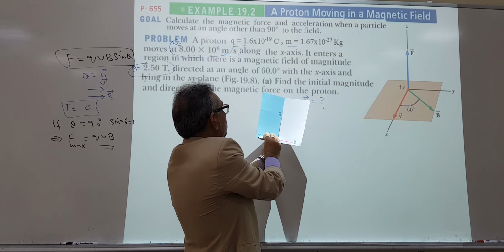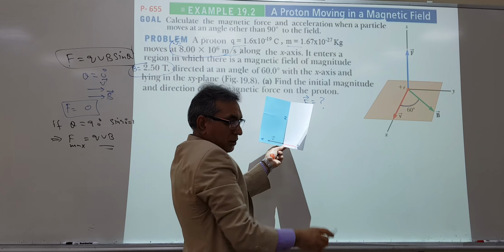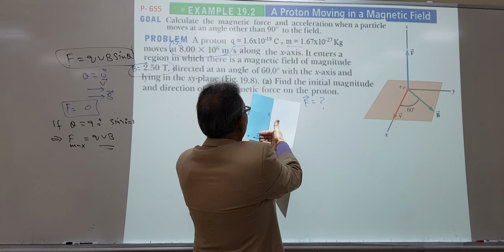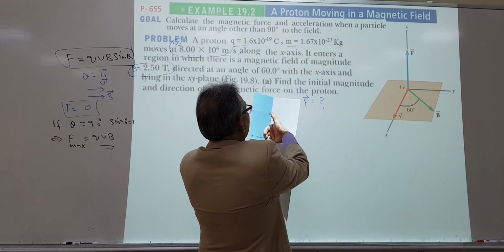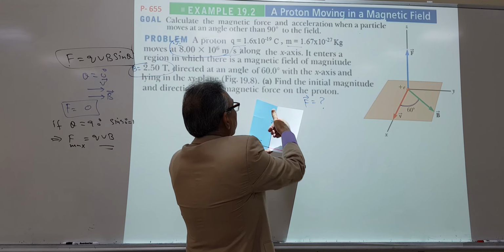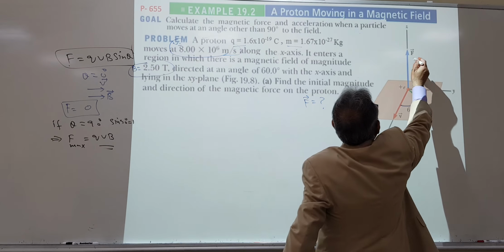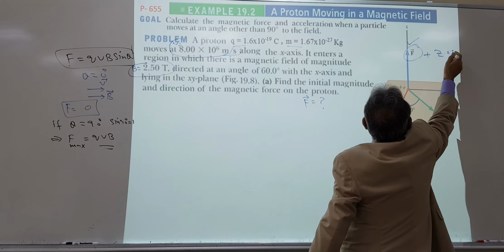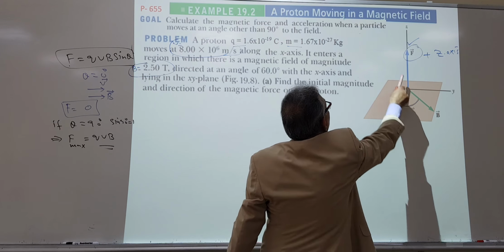So from the velocity to the magnetic field, which is 60 degrees from the x-axis, this cross product will give you the direction of the force, which is along the positive z-axis. This is V, and that's it.